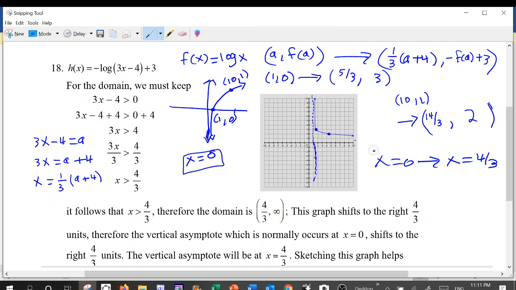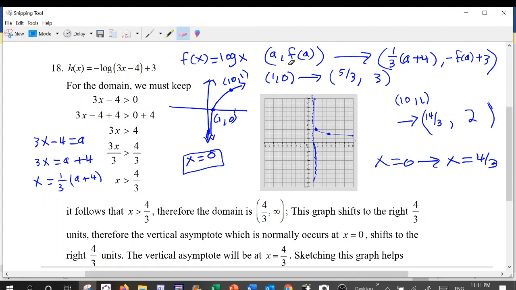And when we do the equations, we can find these values. But for now, that's good enough for us. All right, and notice that this doesn't cross the y-axis, because if you set x to 0 here, then the argument is going to be negative 4. Log of negative 4 is not defined, so that means it doesn't go through the y-axis, right?